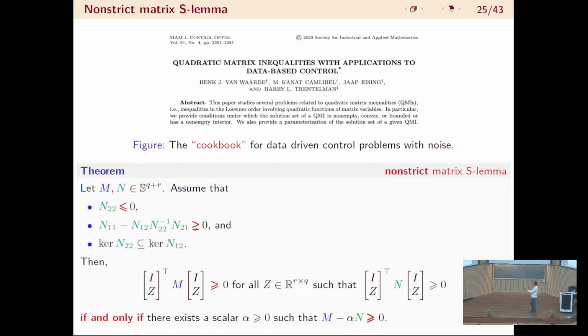And the result is the same: if and only if there exists a non-negative alpha such that M minus alpha N is non-strict, as we can expect. But there are certain conditions on N, which are important, of course, but for the purposes we have now, they are kind of secondary.